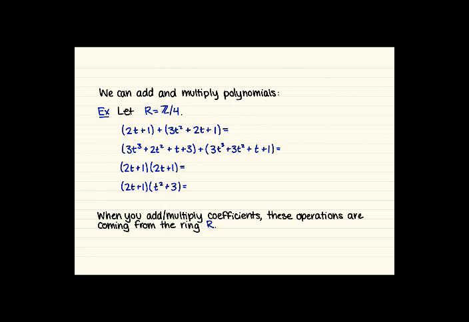Then if we add 2t plus 1 to the polynomial 3t squared plus 2t plus 1, we'll have 3t squared plus 4t plus 2, but remembering that we're working over Z mod 4, this polynomial is equal to 3t squared, and then 4 is congruent to 0, so this is just plus 2.